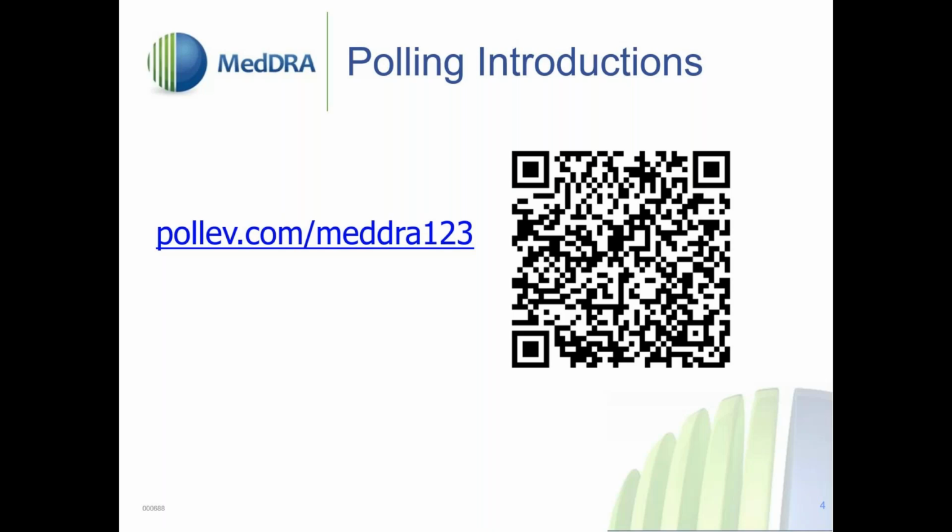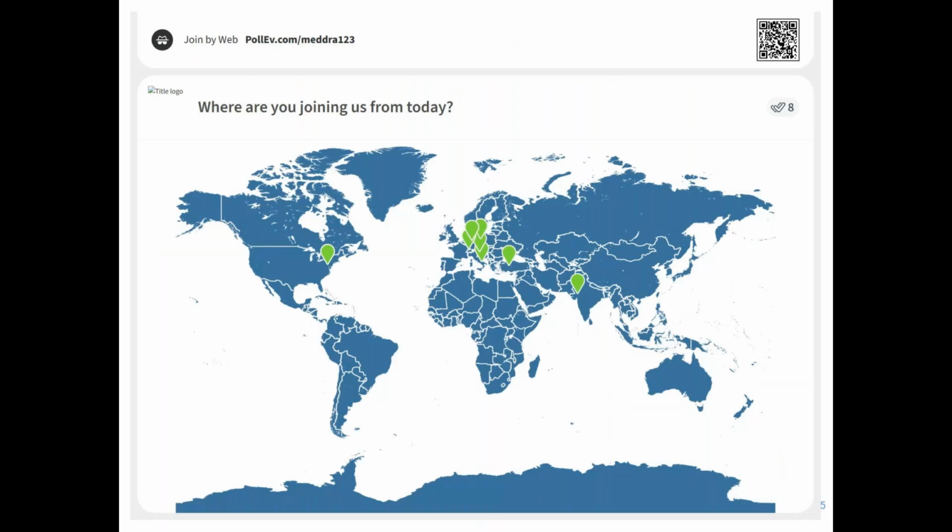The polls are anonymized, but this will give us a chance to test out the tool, make sure you can get in, and also a few questions to get to know you better. The QR code will be visible on the right-hand top corner of your screen if you need it.